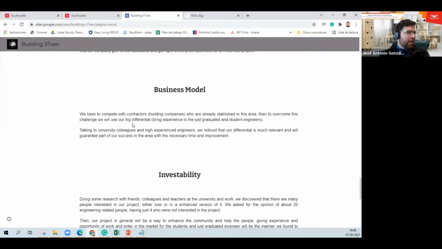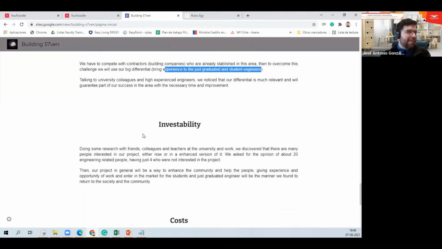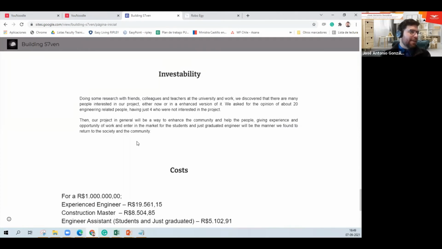Then, contractors, building companies already established in this area, their competitors. Then to overcome this challenge, we will use our big differential, okay, bring experience to the just graduated and students engineers. Great. I could have used this at the beginning of my career when I was just graduated.